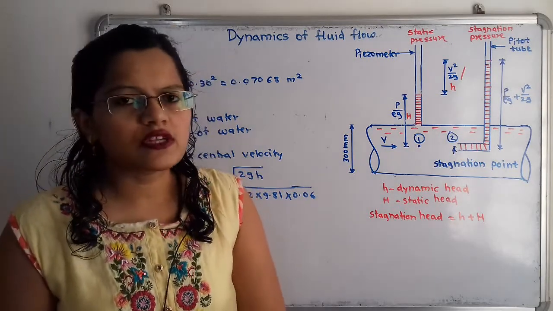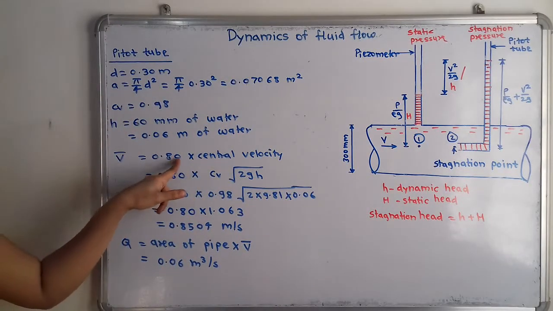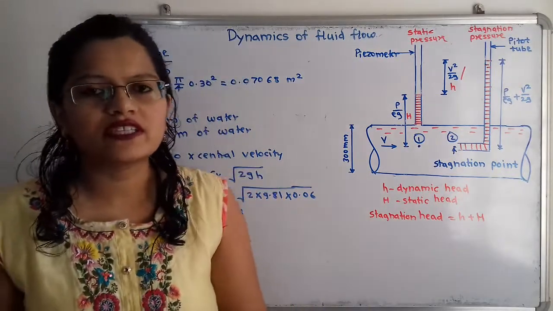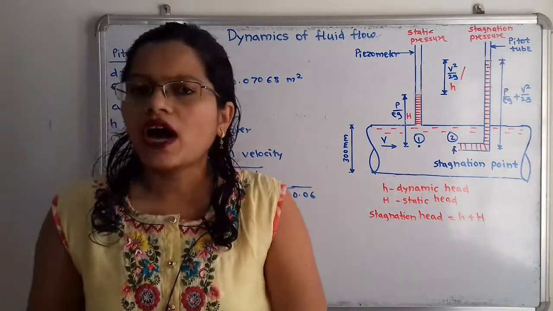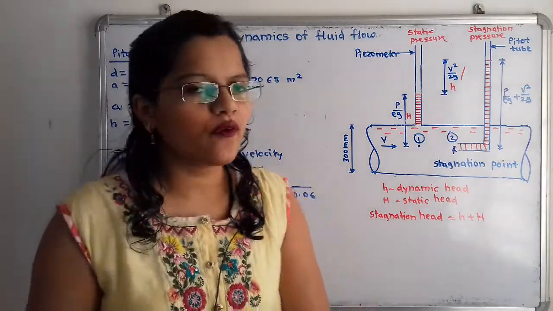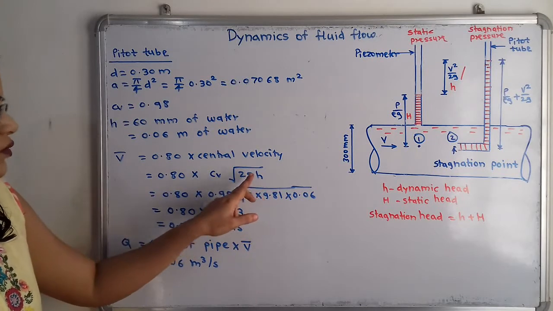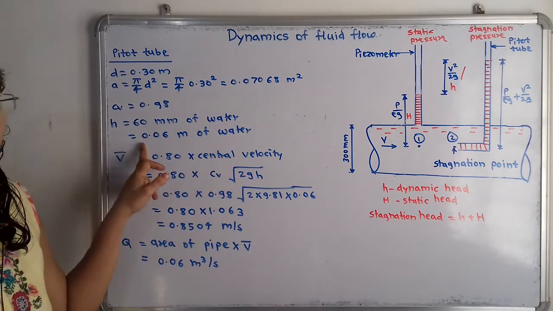Now here it is also given that the mean velocity is 0.80 times central velocity. So how to calculate the central velocity, or the velocity at the center V? So how to calculate this? So we have one formula, that is CV under root of 2GH. So G means 9.81 and H, that we have to take the standard value.